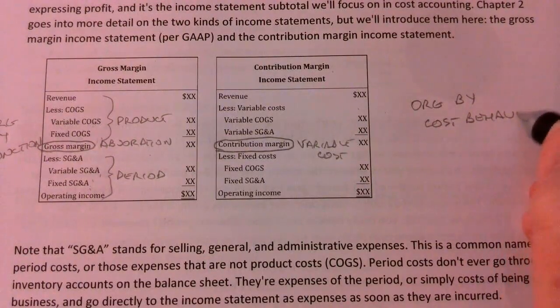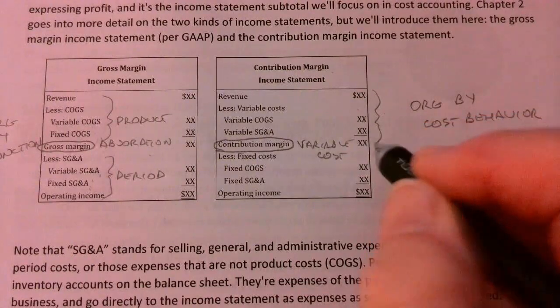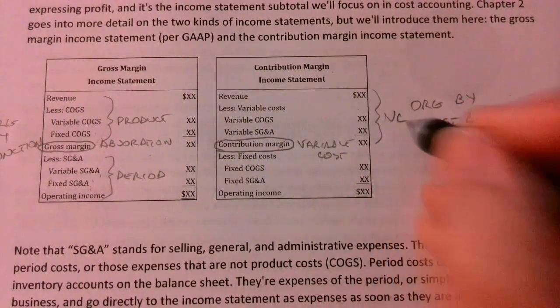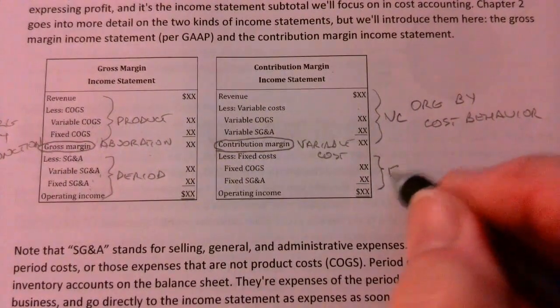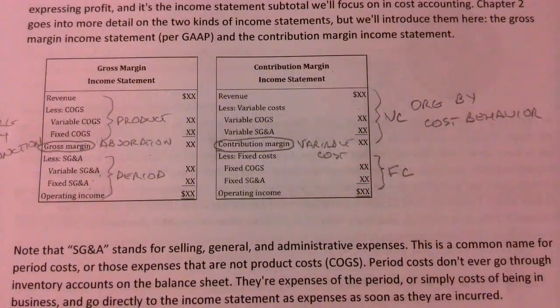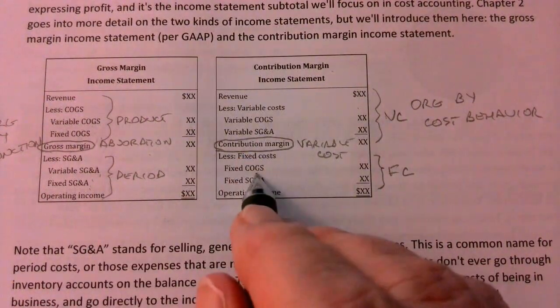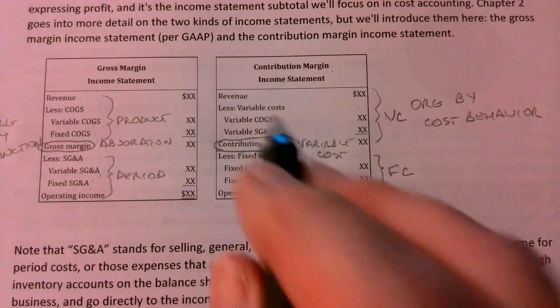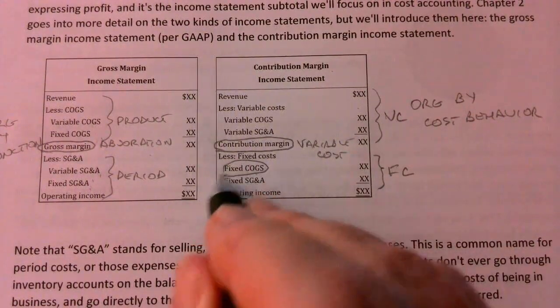We can do a lot with these numbers. We can predict all kinds of things. These are variable, and down here we'll have our fixed cost. The difference between the two is the fixed overhead, and it would be in fixed cost of goods sold right in there.